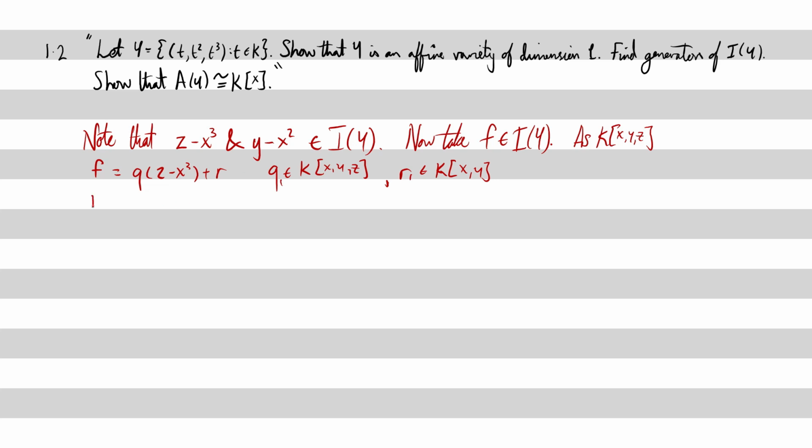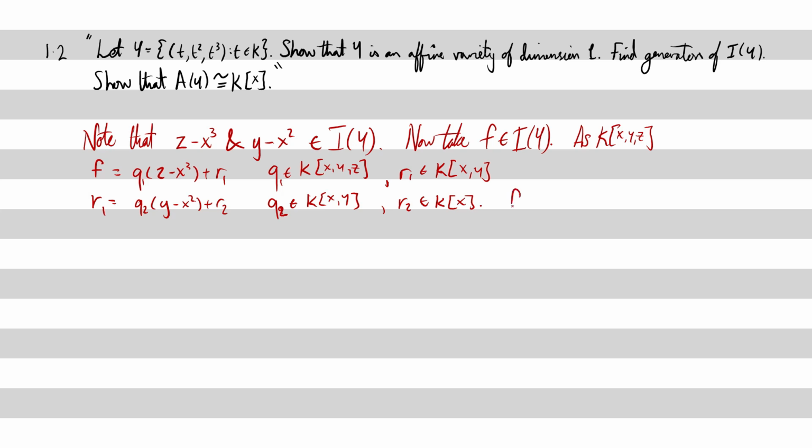So, again, r1 equals q2 multiplied by (y minus x squared) plus r2, where q2 is in k[x, y] and r2 is within k[x].